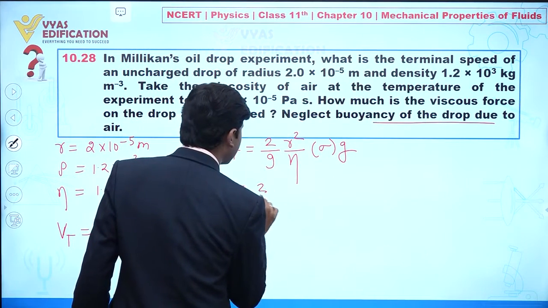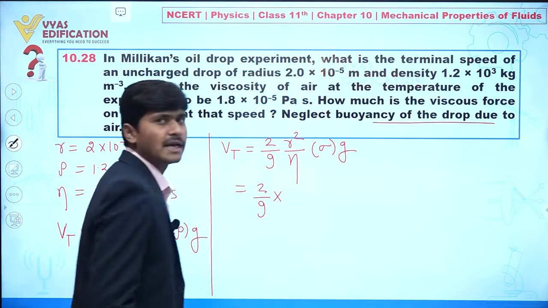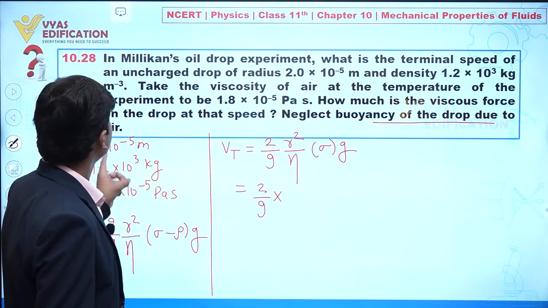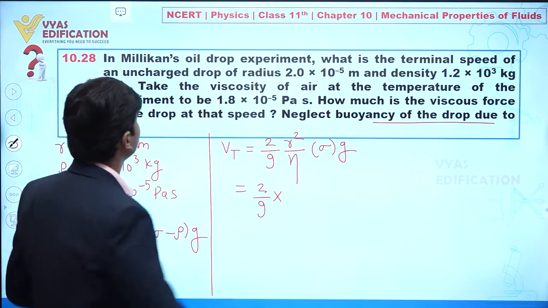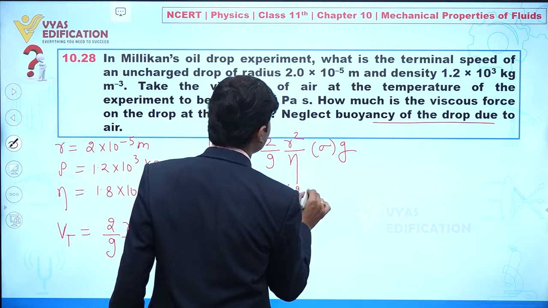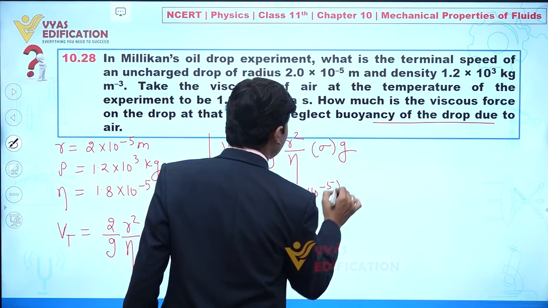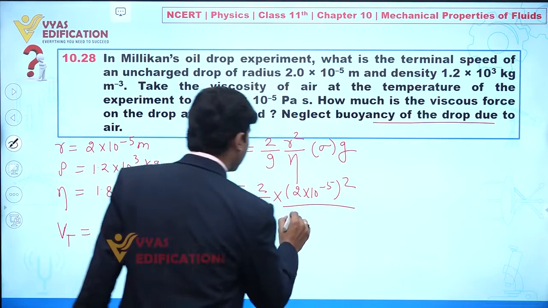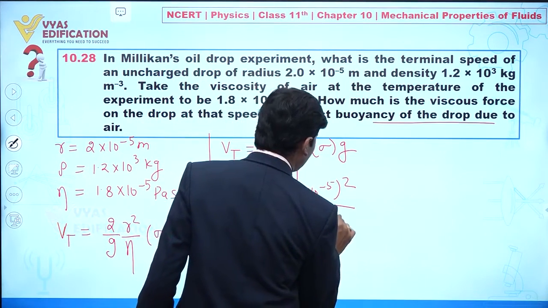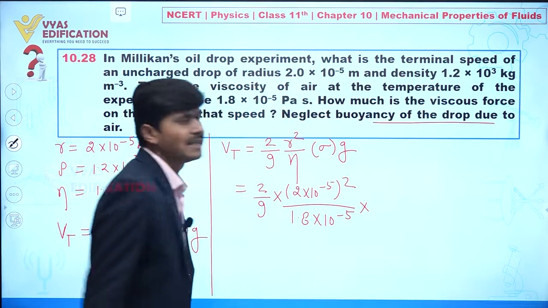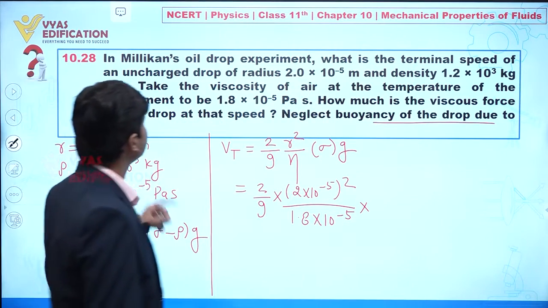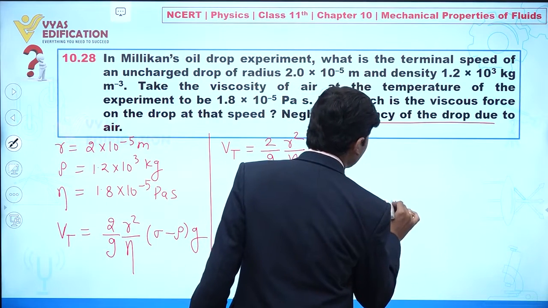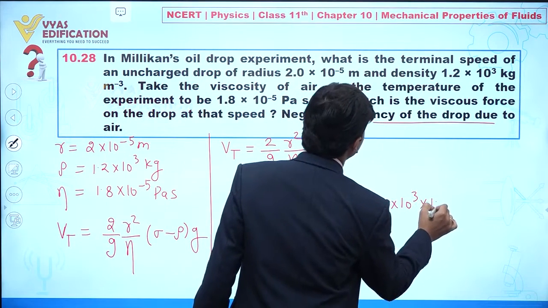So now I am writing this as 2 by 9 multiplied by r square. The value of r given to you is 2 into 10 to the power minus 5, whole square, divided by the viscosity 1.8 into 10 to the power minus 5, multiplied by the density. The density is 1.2 into 10 to the power 3, multiplied with 10.